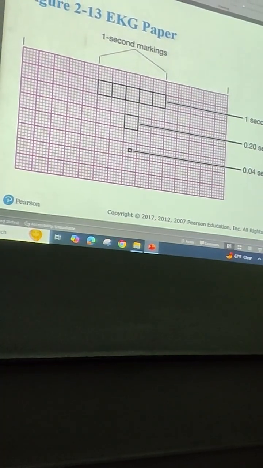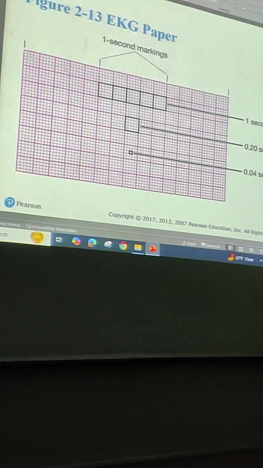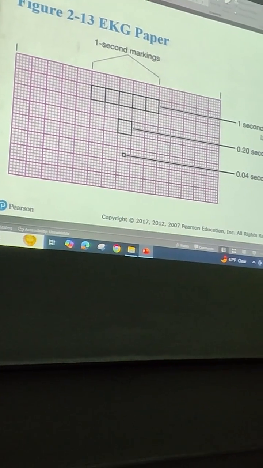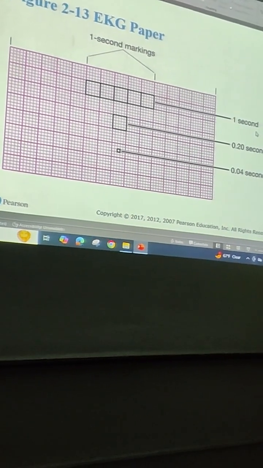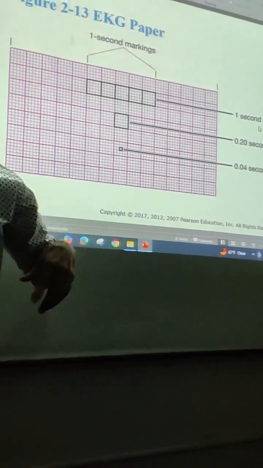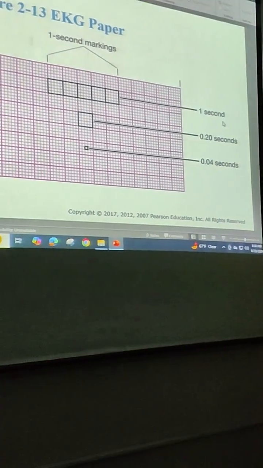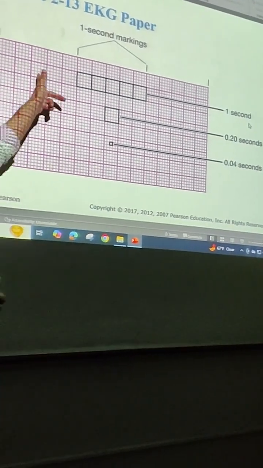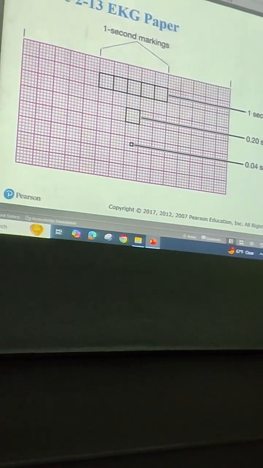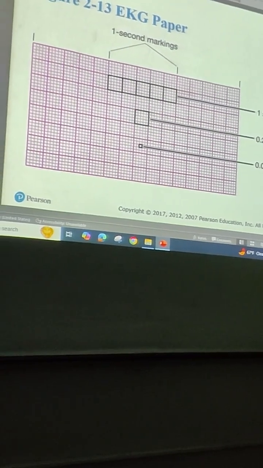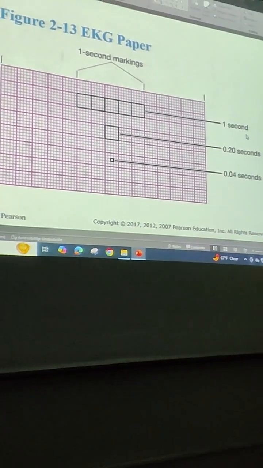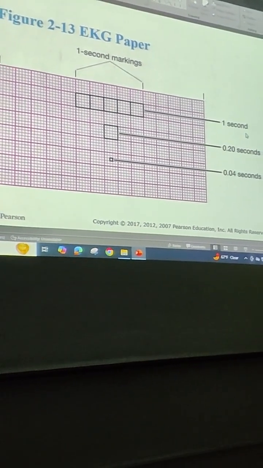But for the calculation of the heart rate, we're going to use a strip that has 6 seconds. So that will mean it has how many big blocks? 30, right? Because here it is 5 times 3, 15. But if I use the 6 second method, I'm going to have 30 big boxes.